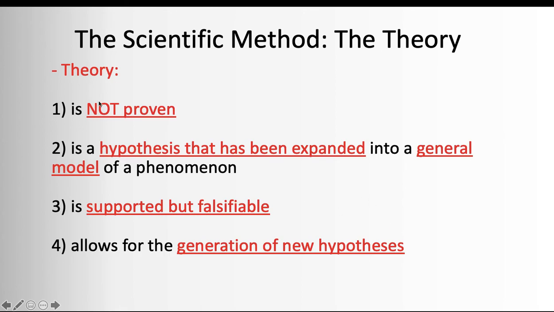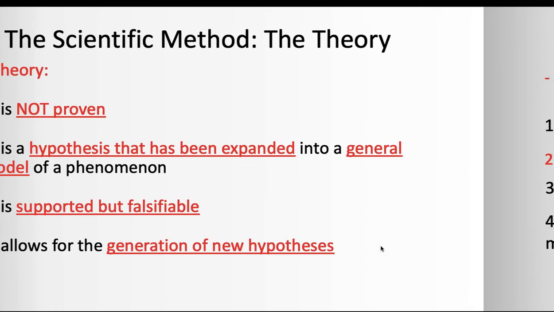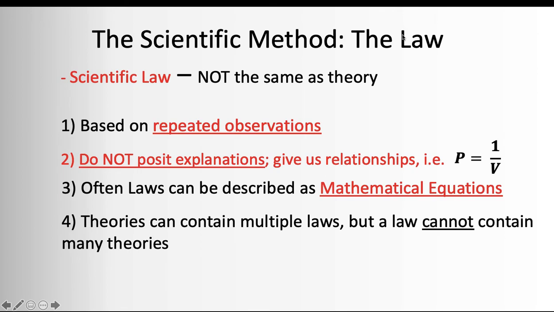What it is not, a law. And contrary to popular belief, a theory does not become a law. So please pay attention to this, because I will ask it, and students, because they've been ingrained to thinking this for years and years of school, they will say that if a theory is eventually proven, it will become a law.